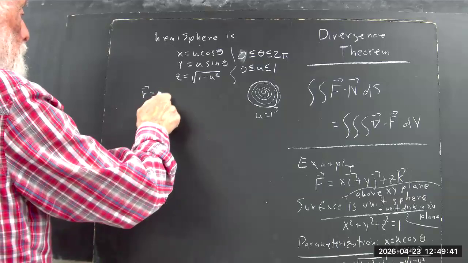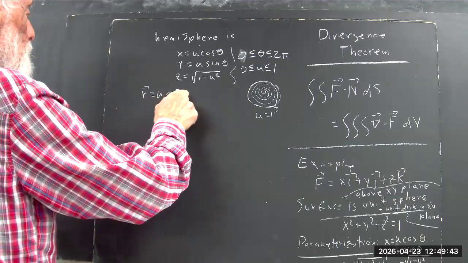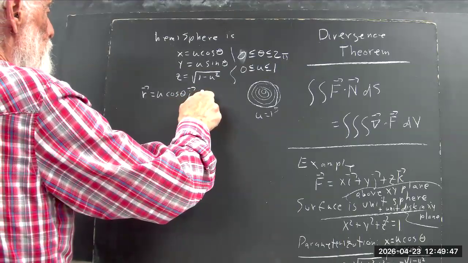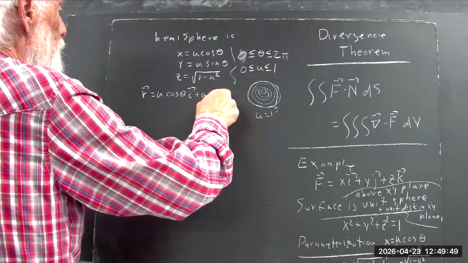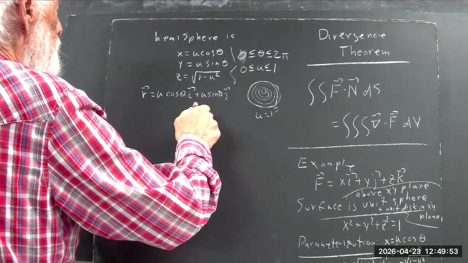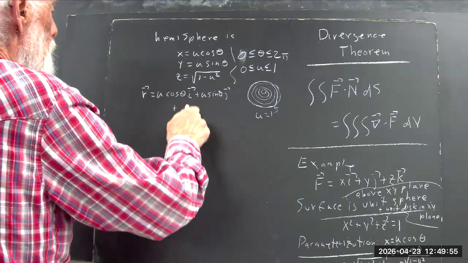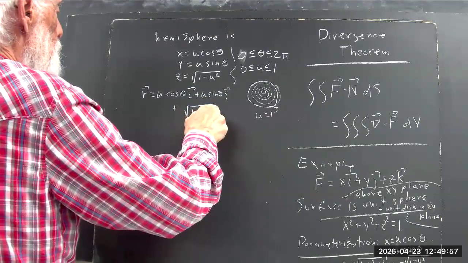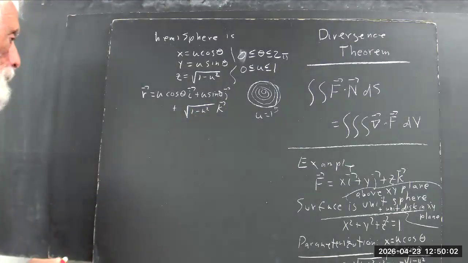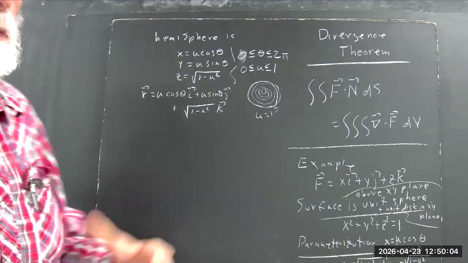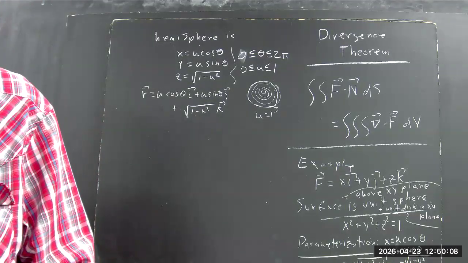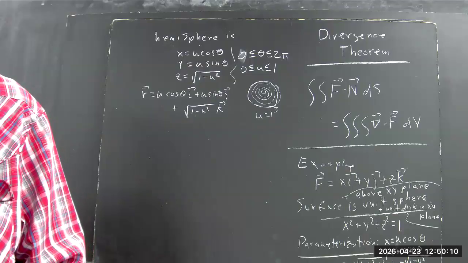Your R vector is going to be xi plus yj plus zk, which is u cosine theta i plus u sine theta j plus the square root of 1 minus u squared times your k vector. You want to find your surface area increment with a normal vector.